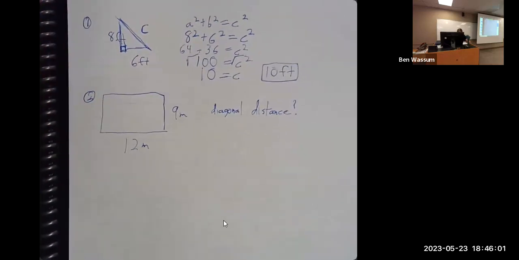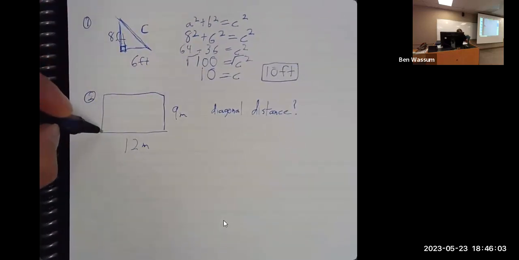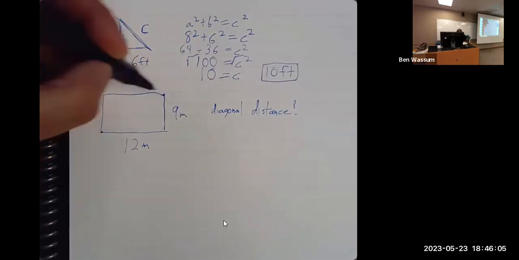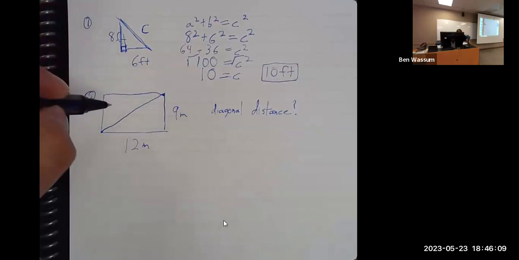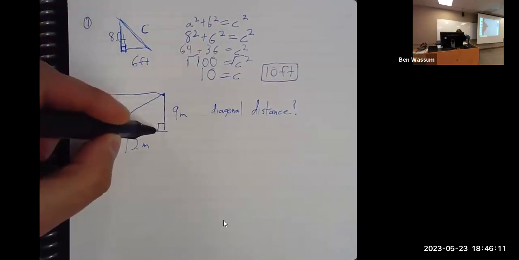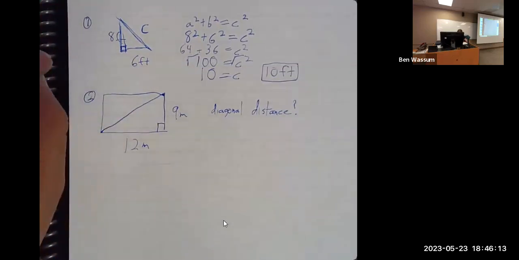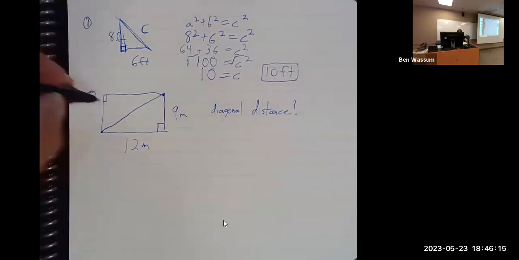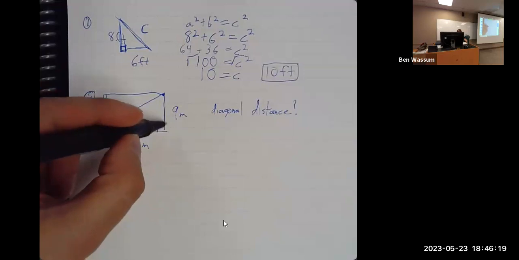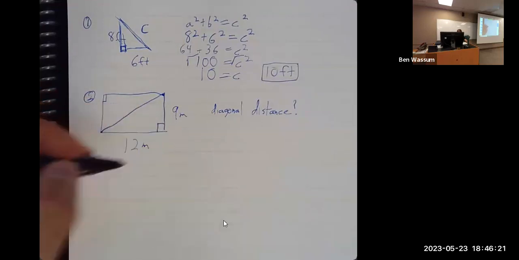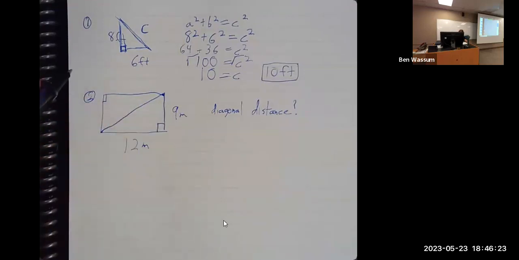So if we're trying to find the diagonal distance, that's from here to here. Go ahead and do a line across. You could see this makes right triangles, right? We could also put that little box there. That box is to signify that this angle is a perfect right angle. It's 90 degrees.